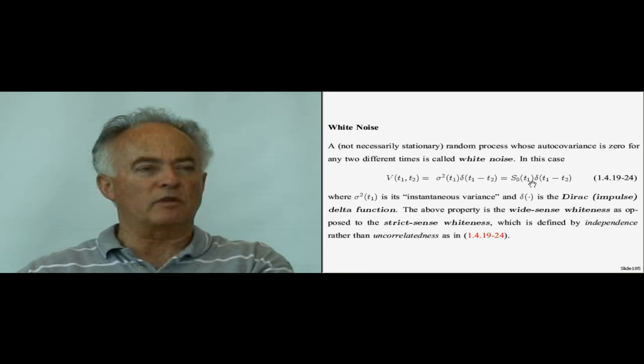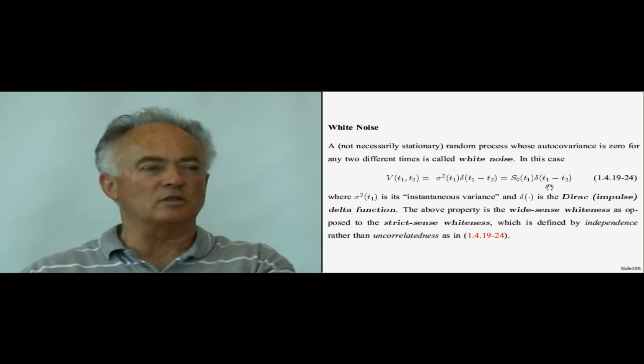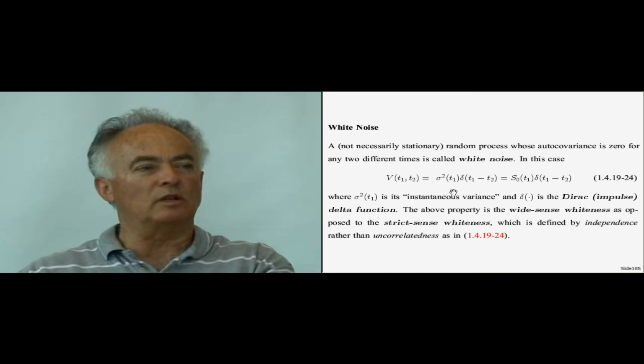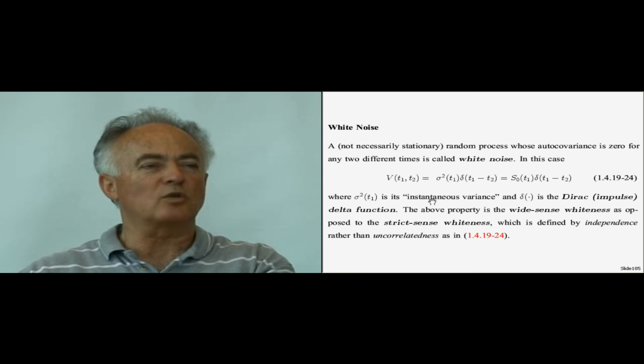So what we have here is a delta function at any 2 points in time, t1 and t2 different. The autocovariance is 0. Now, sigma square t1 is called sometimes, not quite correct, the instantaneous variance.